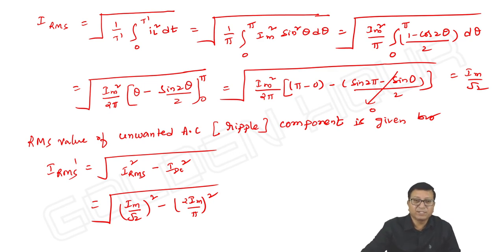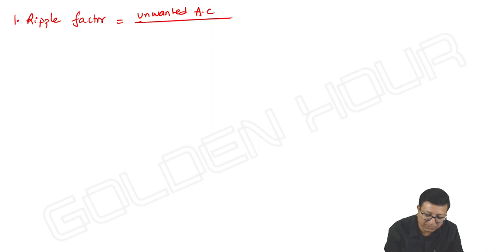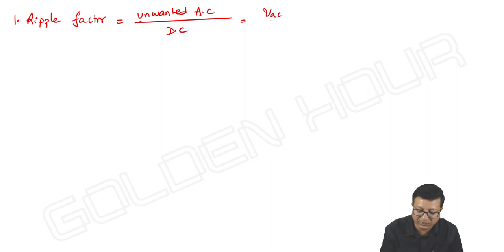Right. And further, once I know the RMS value of the AC component and the DC component, I can find the ripple factor, the first parameter. It is equal to unwanted AC by the DC component present in the output. Unwanted AC, it's always in terms of voltage, VAC by VDC. VAC is the product of IAC into RL, and VDC is the product of IDC into RL.